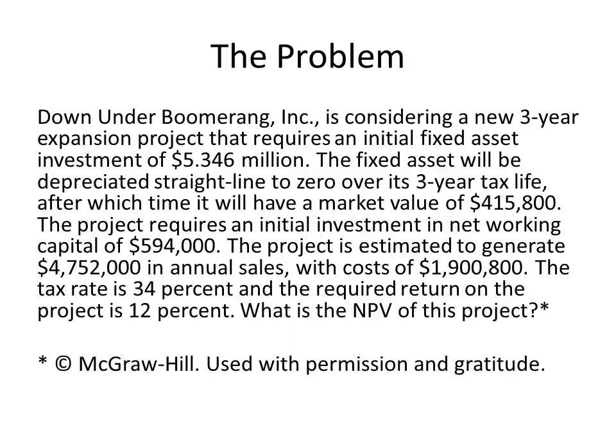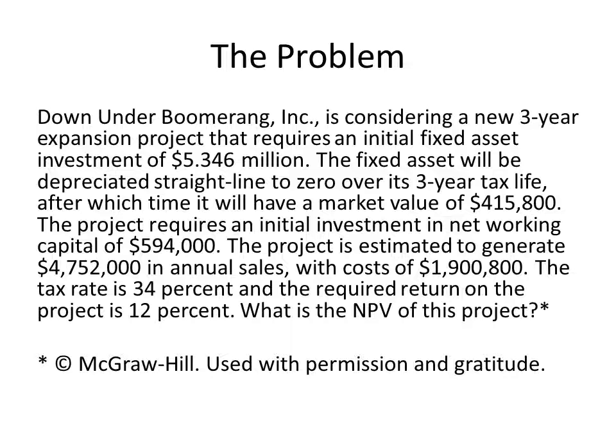So here's the problem. Down under Boomerang Incorporated is considering a new 3-year expansion project that requires an initial fixed asset investment of $5.346 million. The fixed asset will be depreciated straight line to zero over its 3-year tax life, after which it will have a market value of $415,800.